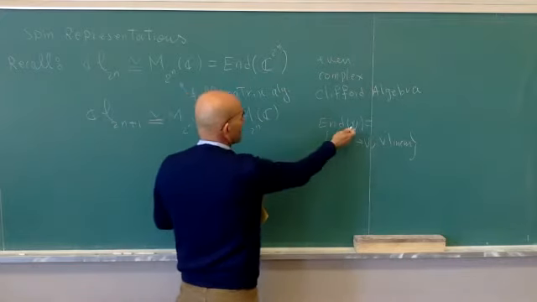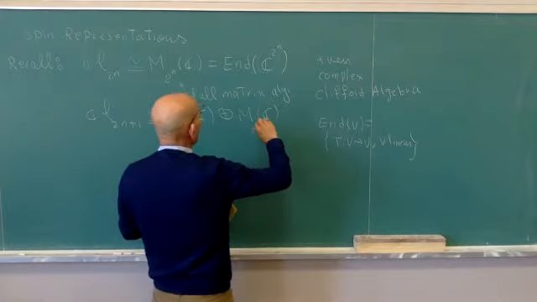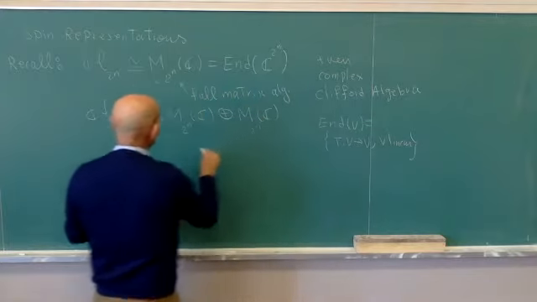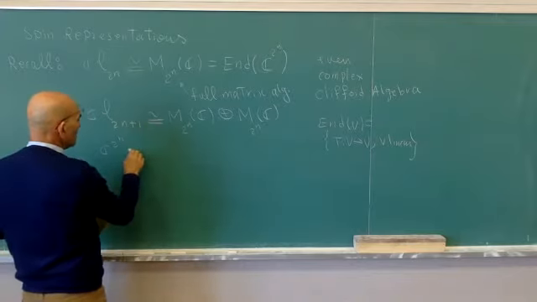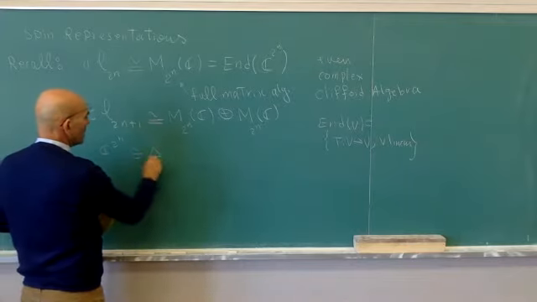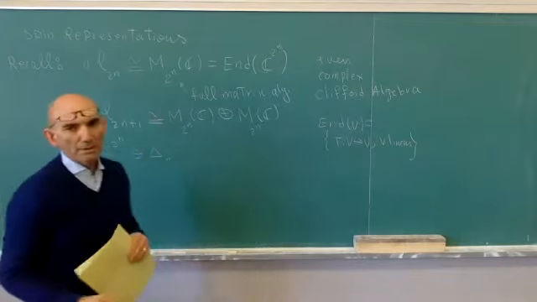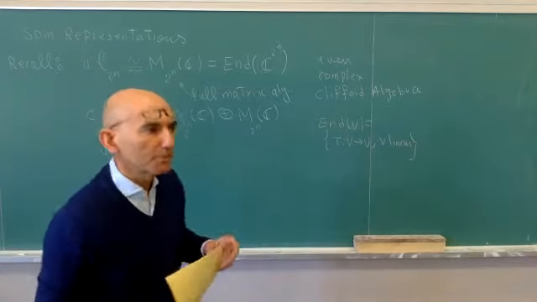If you fix a basis, you get matrices. Now, the notation is that this space C to the power 2n is usually denoted by delta n, and this is called the space of spinors.